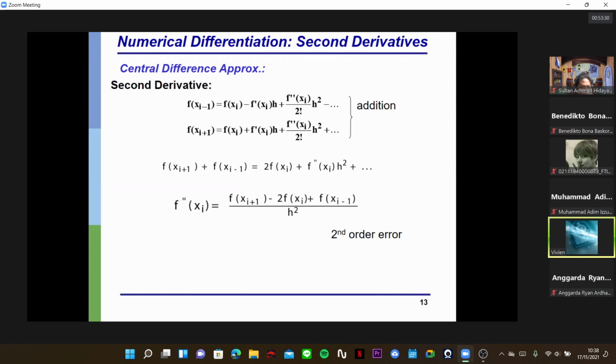So that will be the gradient, f(x_i) minus f(x_{i-1}) over h. So as we've seen before, when we have first order, it means that when we want to find the properties or the derivative at one point, it will depend on one other point before or after. It depends on the scheme.